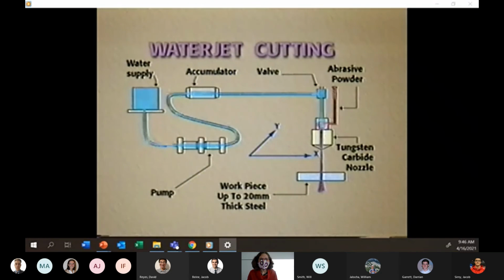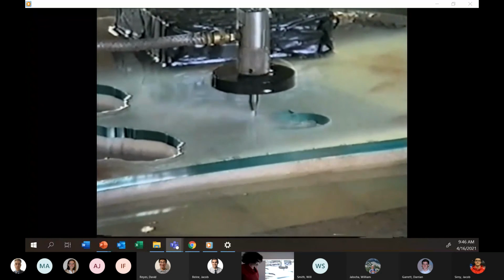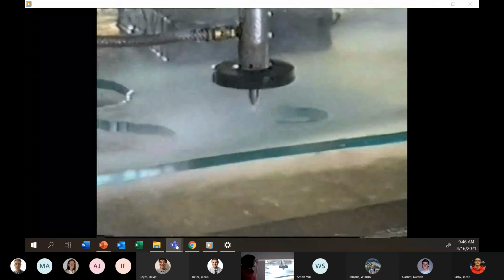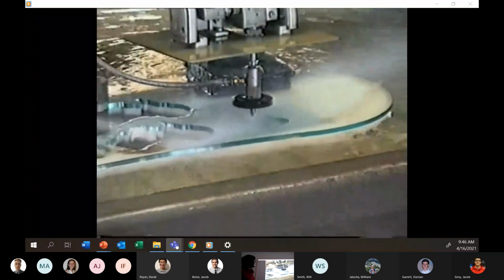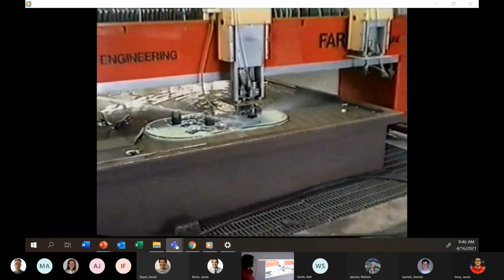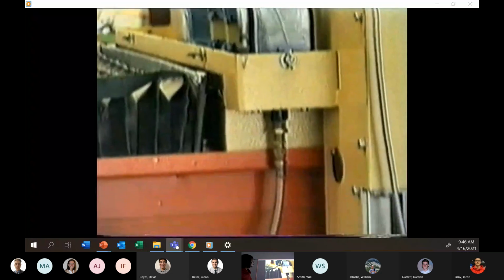The working pressure for the water jet is 345 megapascals. Water only is used in the water jet for cutting plastics, wood, rubber, carpet and matting. But for harder materials, ceramics and metals, an abrasive is added to the water before it enters the nozzle.